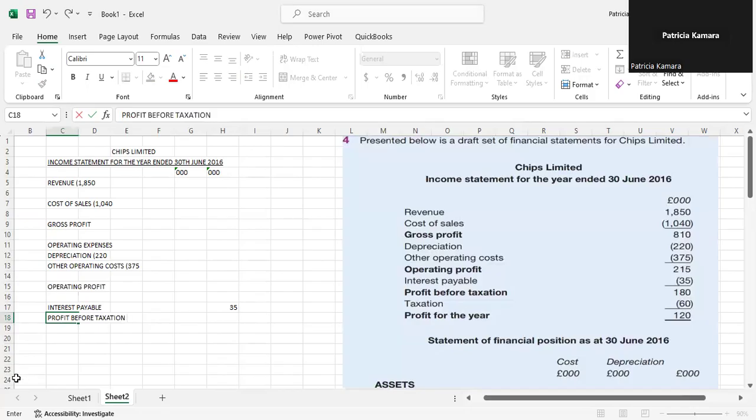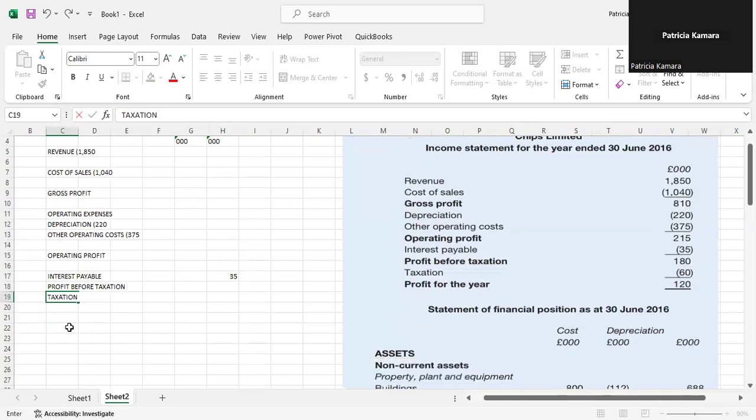This figure is also a calculated figure, so we will leave it at that. And then after that, we have taxation. Our tax figure is a percentage of profit, which we do not know for now, so we leave it at that. When we deduct our tax figure, we arrive at the profit for the year. And profit for the year is also a figure that we need to calculate, so we'll leave it at that.